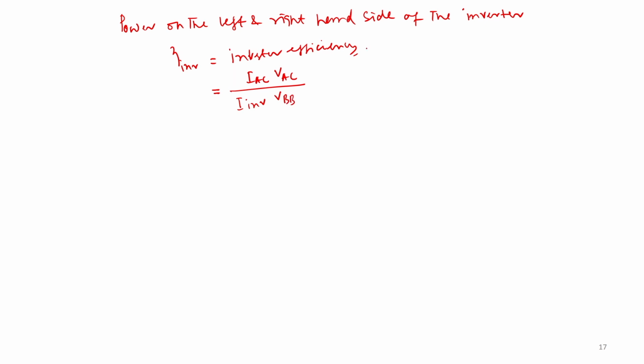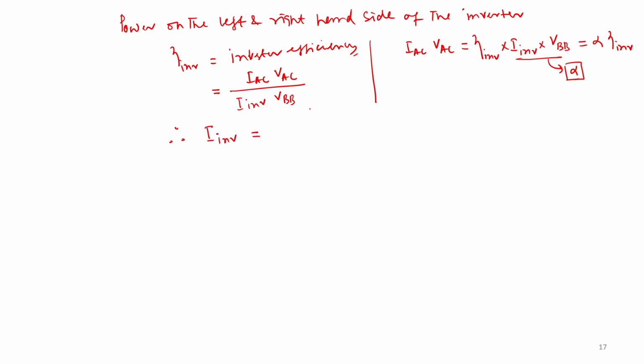Okay. So, we can visualize something like IAC times VAC is equal to eta inverter multiplied by I inverter times VBB. So, if we consider this part and we define a parameter alpha, it will be alpha times eta inverter. Okay.